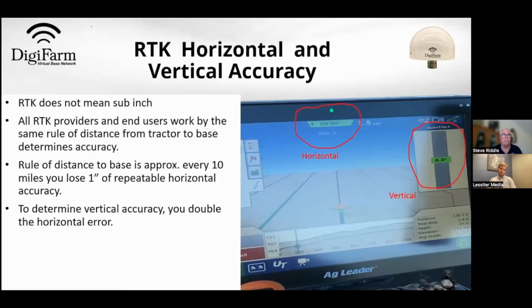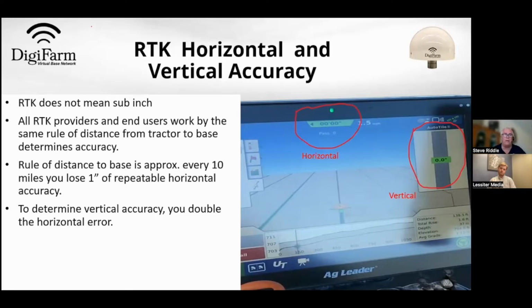So it's important to understand whether we're talking horizontal or vertical. One of the most important takeaways today is that at about 10 miles away from the base station under RTK, repeatable accuracy, you could be an inch off.